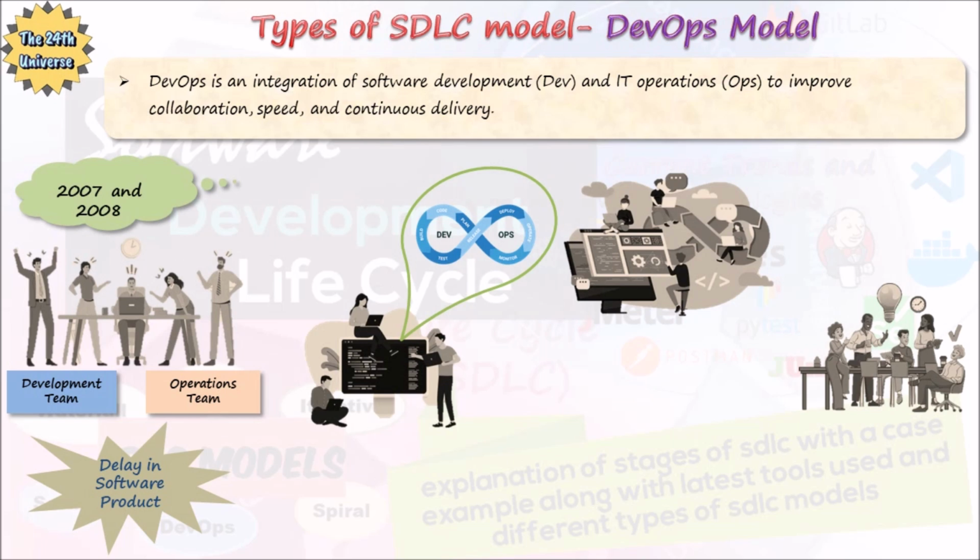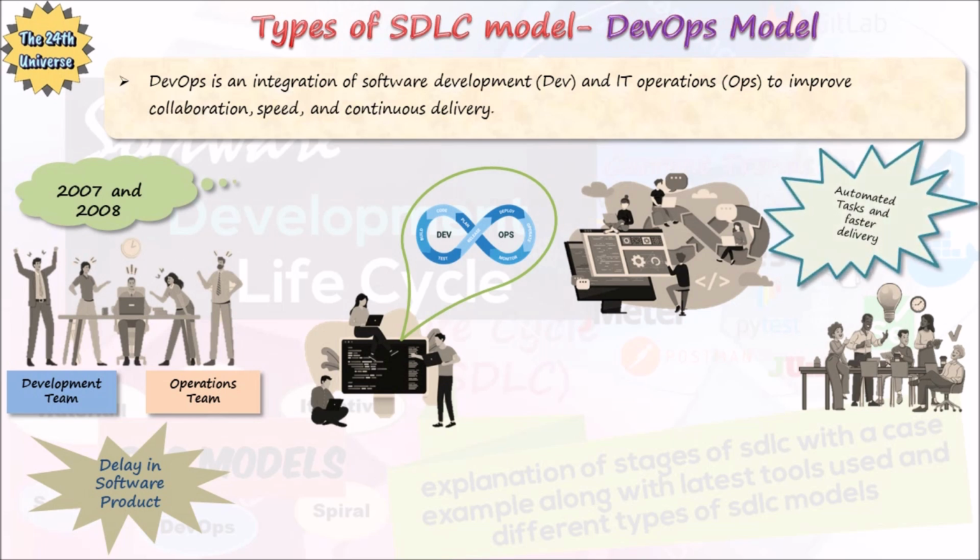What exactly happens in DevOps is the development team and the operations team is made to work together, and almost every task is automated. This results into faster and reliable delivery of the software product.